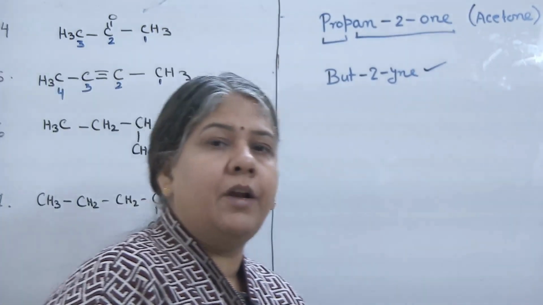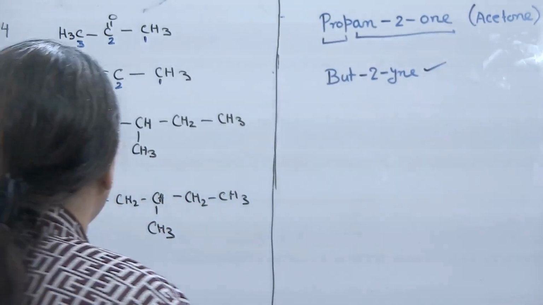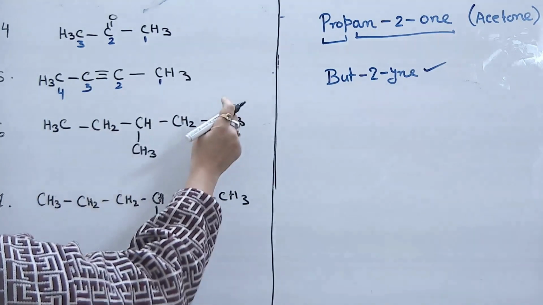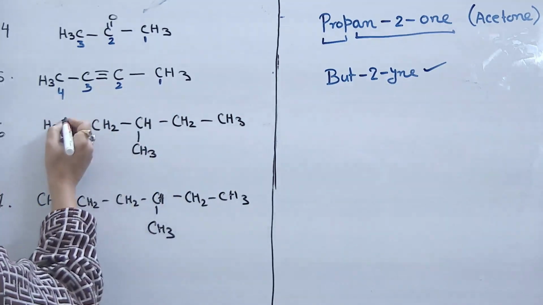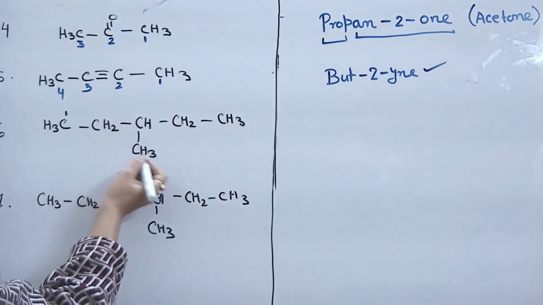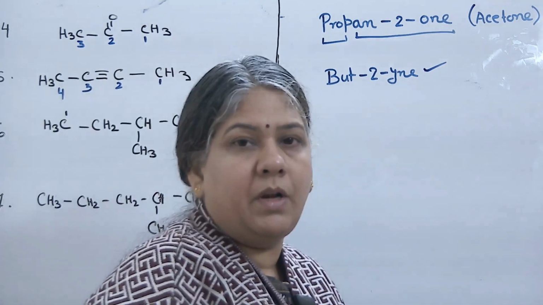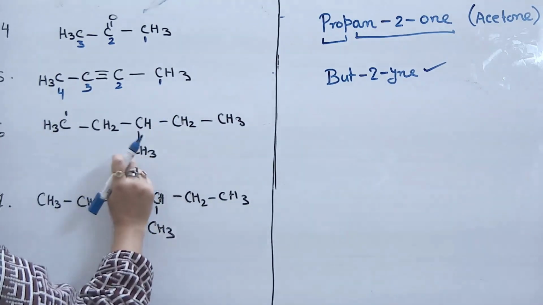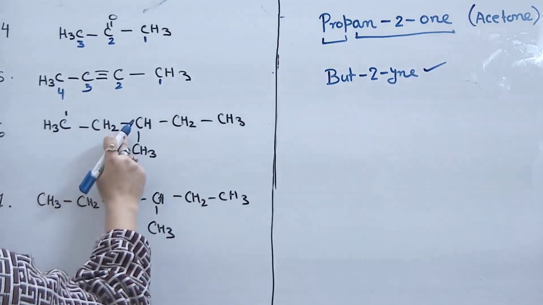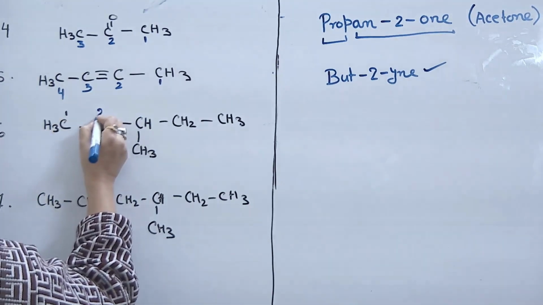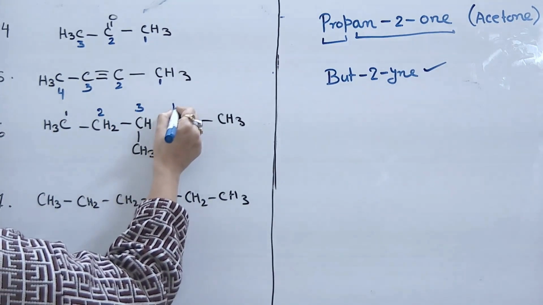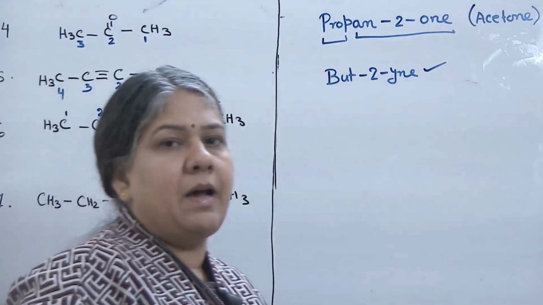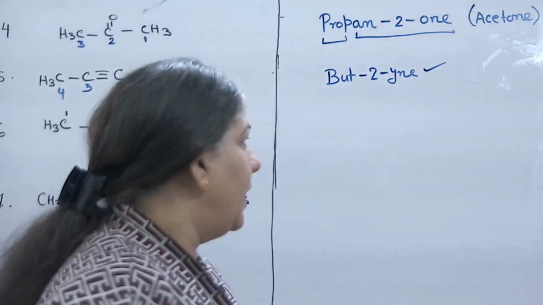You start numbering the compound. 1, 2, 3, 1, 2, 3. You can number it from either side, because the substituent is getting number 3 from both sides. 1, 2, 3. Again this substituent is getting 3. So in this case you can do the numbering from anywhere. 3, 4 and 5. So this is our primary chain of 5 carbon atoms, so the root word will be pent.